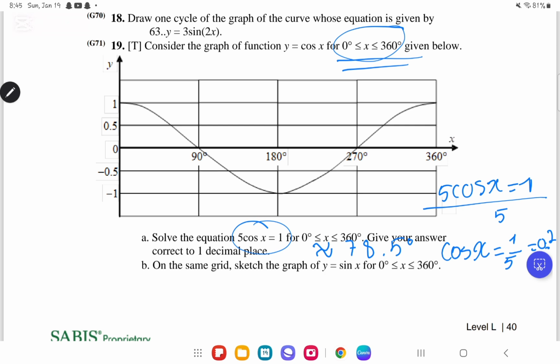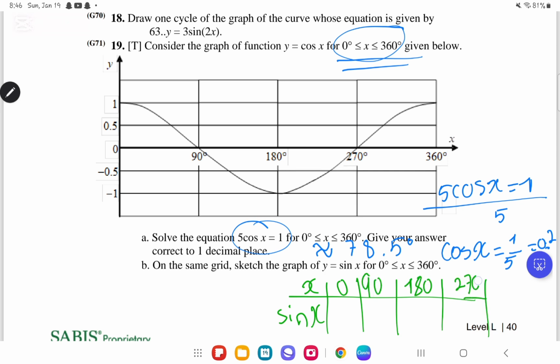So, we are then gonna do y is equal to sine x. So, we need to substitute. We will draw the graph, which is x and sine x. So, we have 0, 90, 180, 270 and 360, and then sine x.